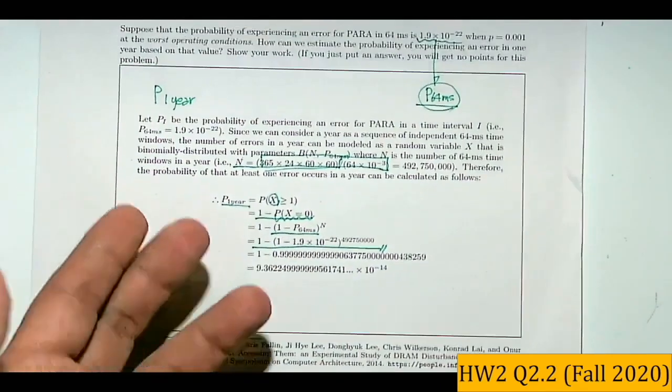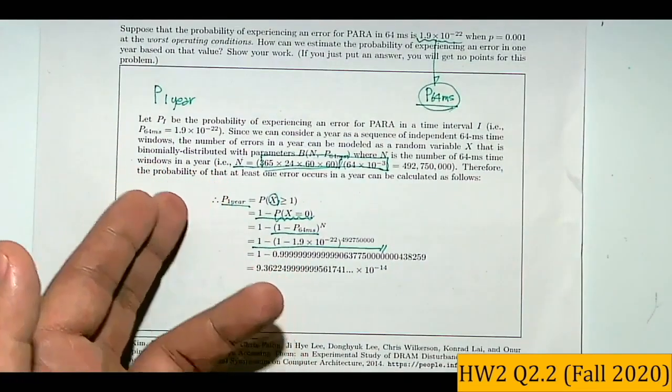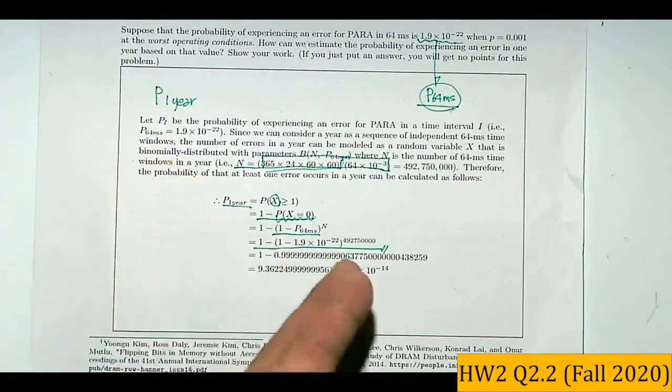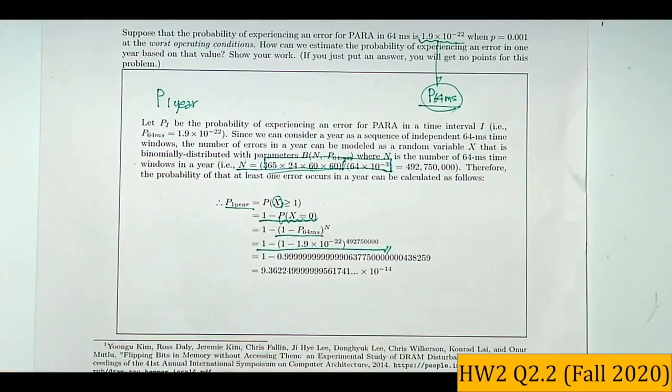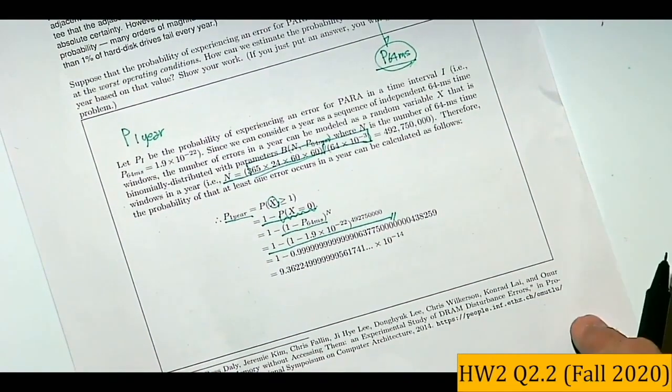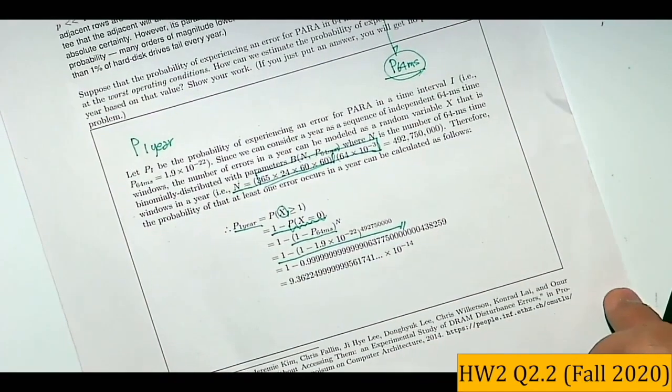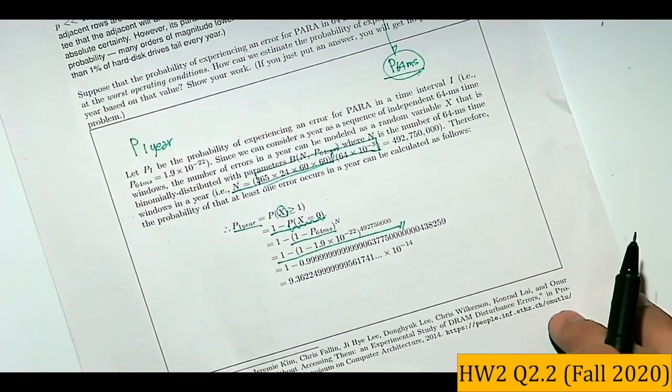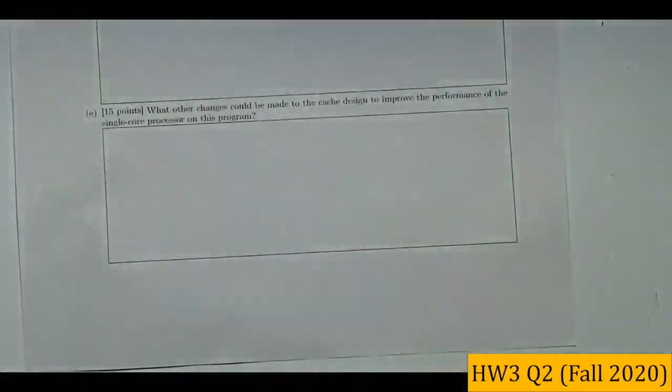Or this binomial distribution with very large trials and very small probability, we can approximate the distribution with a Poisson distribution. If you use that and refer to that reasoning, then it should not be a problem in this question. You will get all the credit. Okay, any questions? The next question.